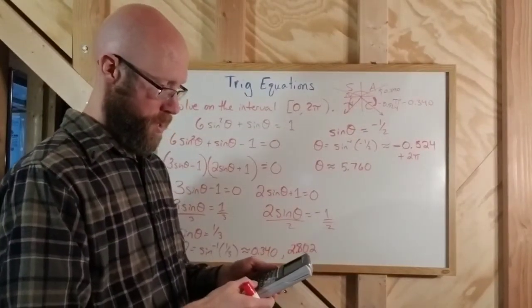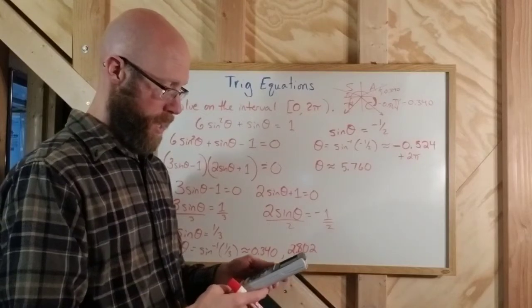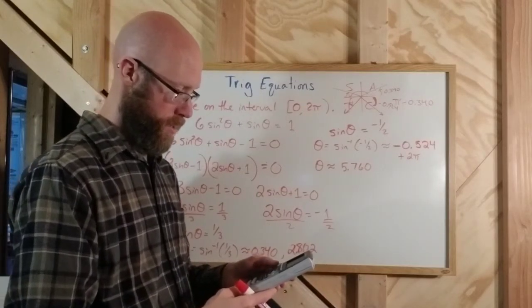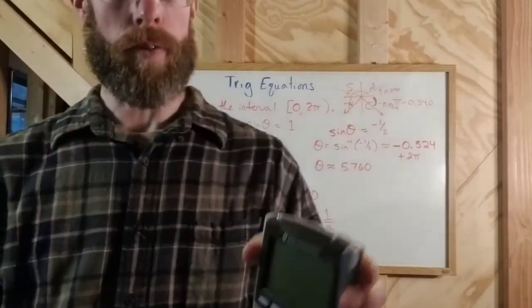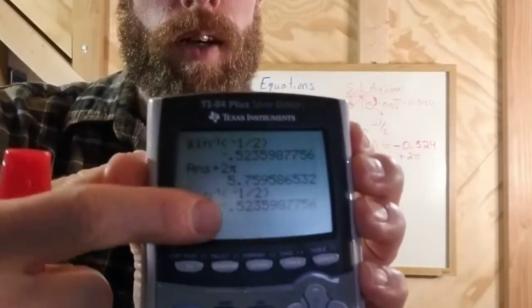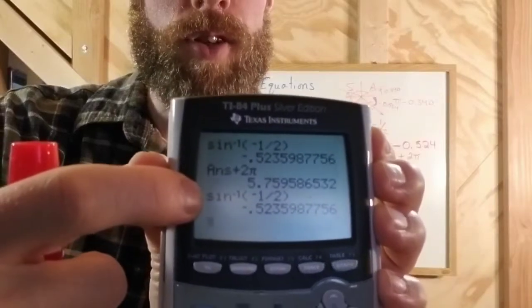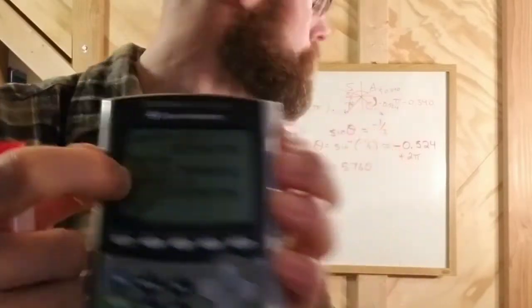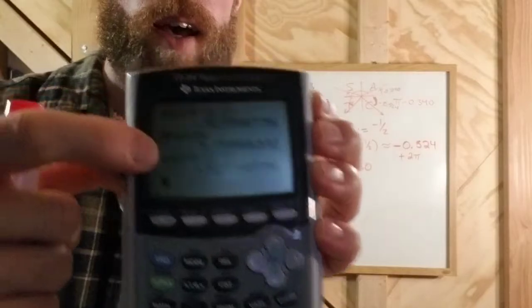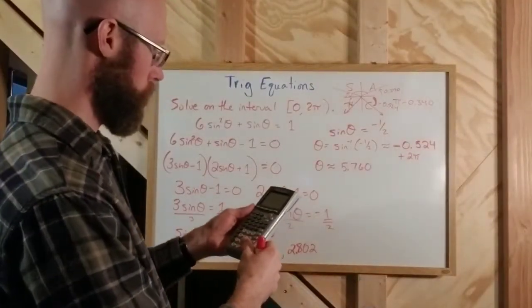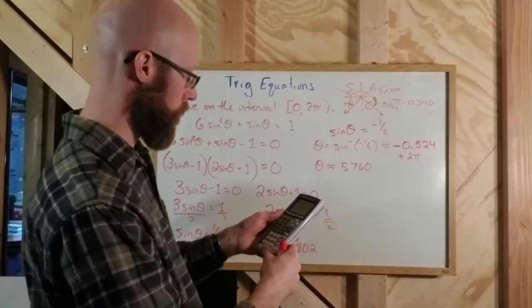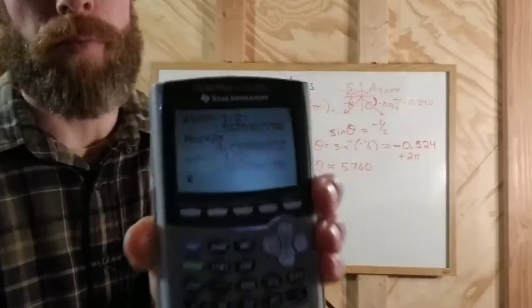So how do I get that angle back? I should have stored it maybe. I'm going to re-enter that inverse sine of negative 1/2, right? And then I'm going to change the sign of that. Well, how do I make that a positive?